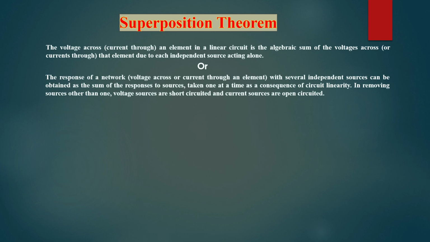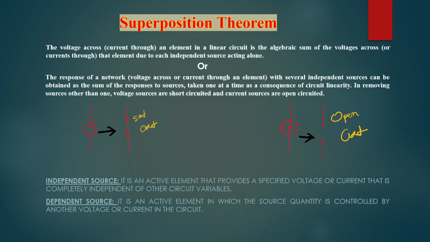Voltage sources will be removed by making them short circuit, and current sources by open circuit. As you can see here, on the left side one is a voltage source, which we make short circuit, and on the right side there is a current source, which we make open circuit, for the superposition theorem.